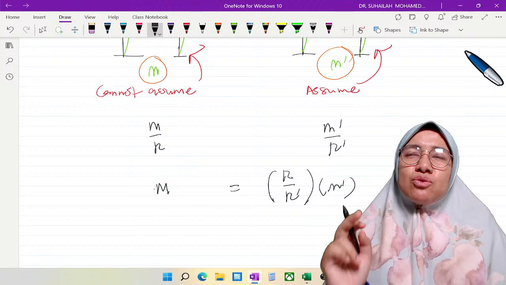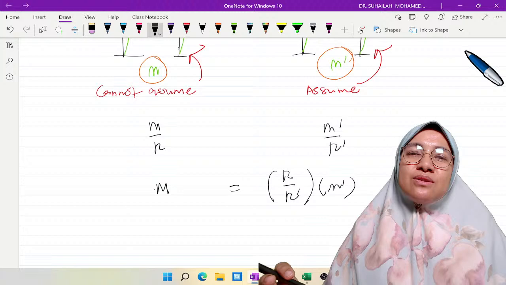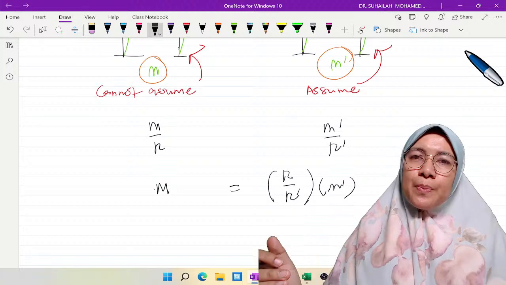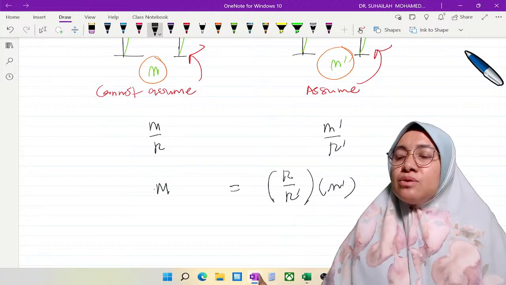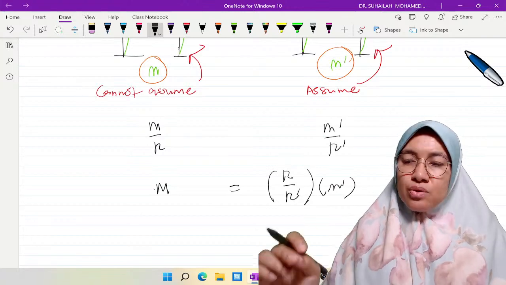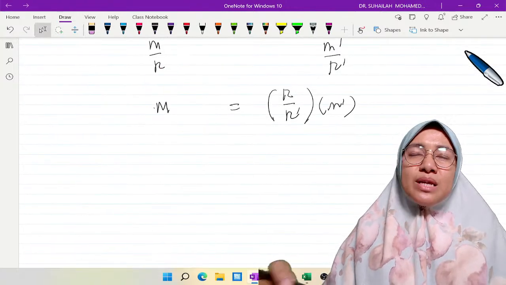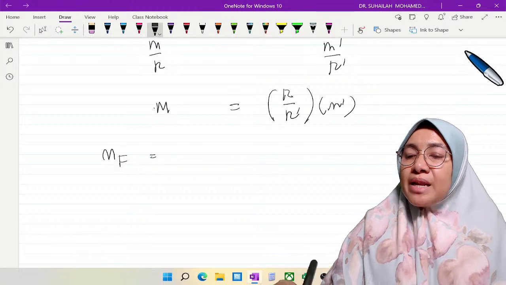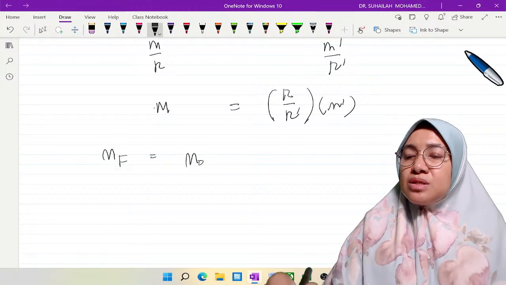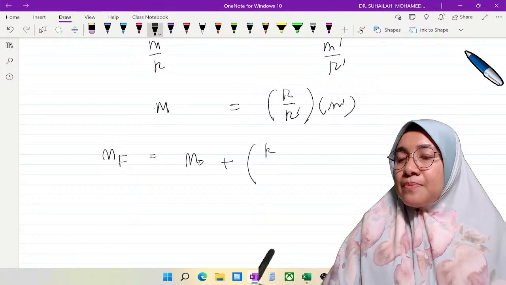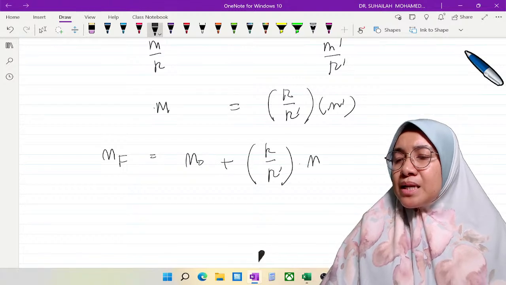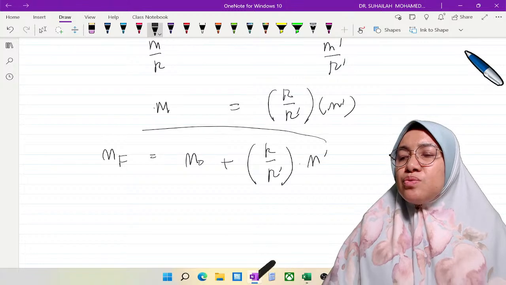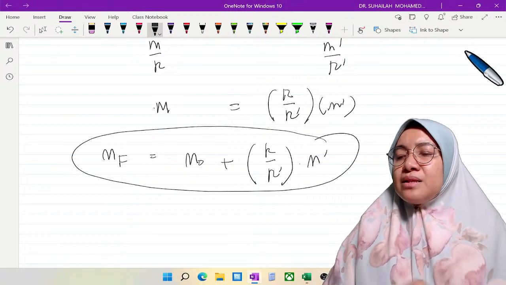So R divided by R prime is the correction factor times M prime, then we get M. This M we substitute into the final formula, so we get M final, which is equal to M naught plus R divided by R prime times M prime. This will be the final equation.